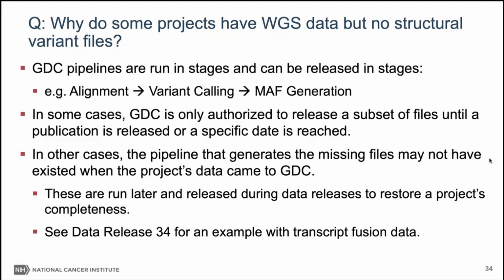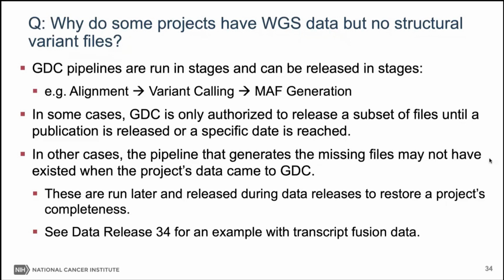In some cases, the data owners may say, we're allowed to release the alignments, but the variant calls are being processed internally, perhaps for a manuscript or an analysis working group, and they are not allowed to be released yet. So you may go on to the portal, find that a project you're looking at has a specific experimental strategy, like whole genome sequencing, and only find alignments there. And that is usually why.